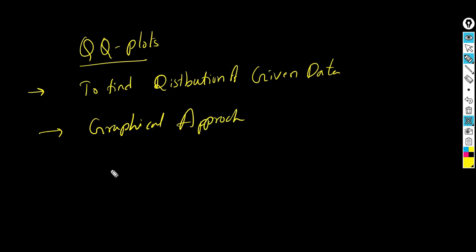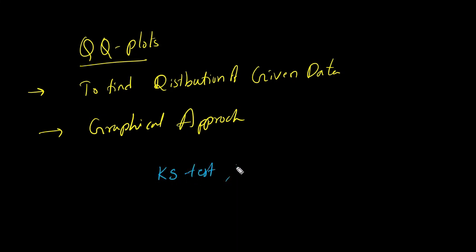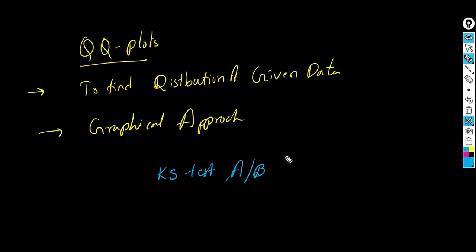We have statistical approaches like the KS test and A/B testing. These two things we will discuss in the next videos. Now let's take a deep dive into QQ plots, how we can get the distribution of the data.